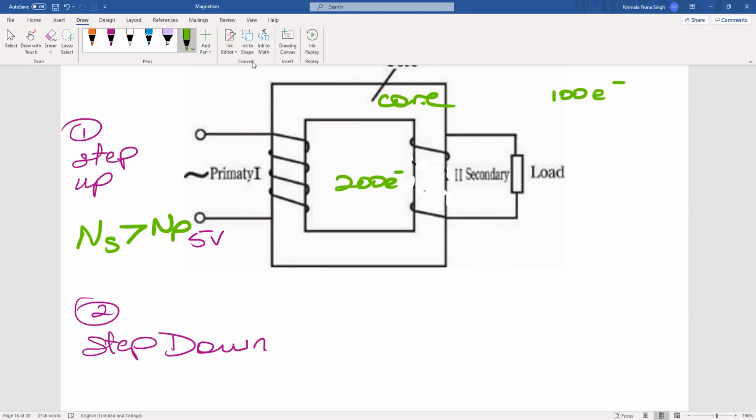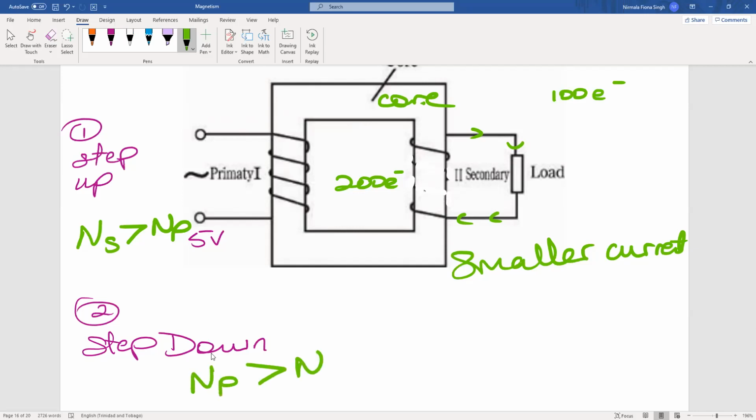So that's going to give us a much smaller current being produced, because we have fewer electrons being liberated in my circuit. So for a step-down transformer, NP will be greater than NS.